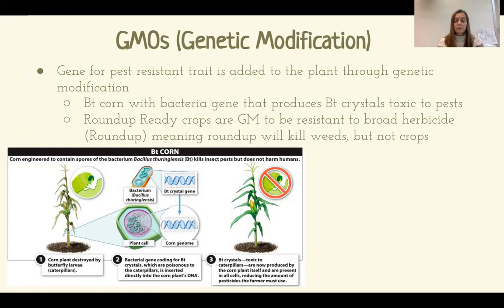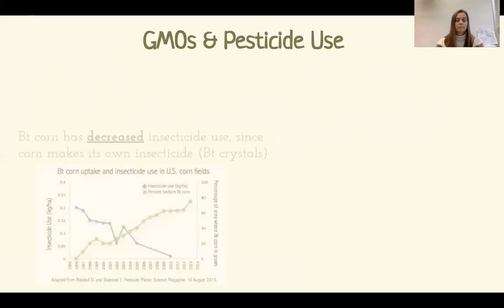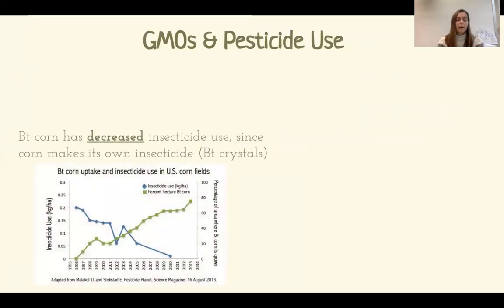This does actually reduce the amount of pesticides that the farmer has to use, but what we're finding is that the organisms are developing a resistance to the BT crystals. That said, the application of BT corn has decreased insecticide use because the corn makes its own insecticide. And so farmers are not having to apply a separate pesticide.